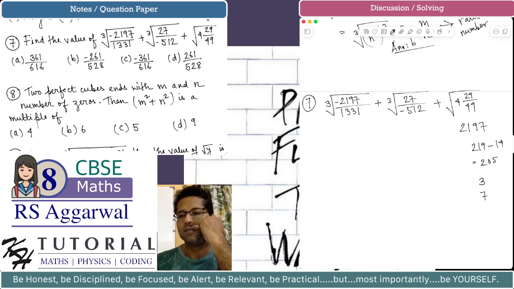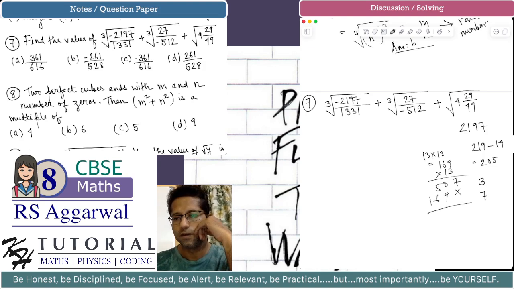So what can the cube root be? Can it be 13? 13 into 13 is 169, and what is 169 into 13? It is 2197.